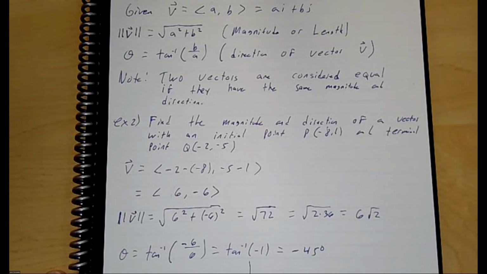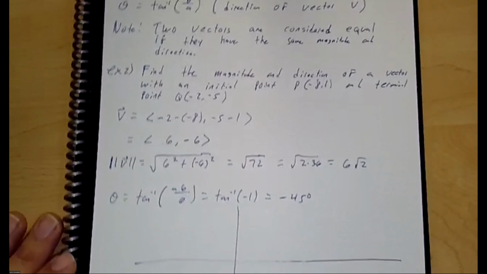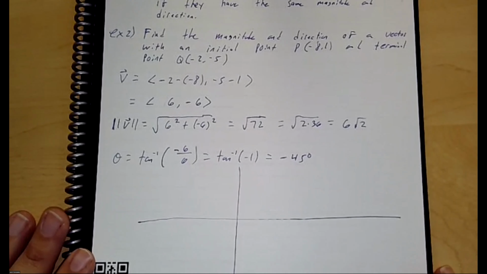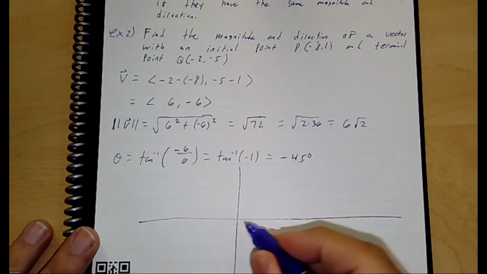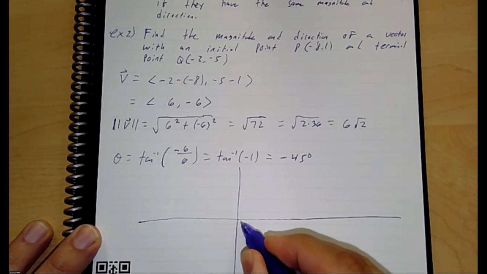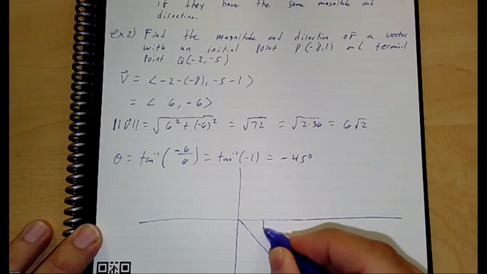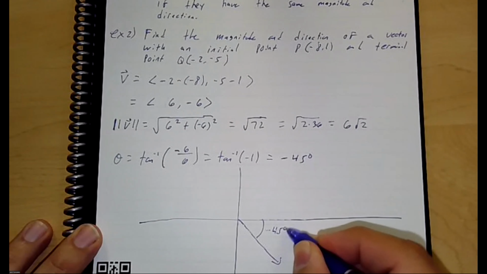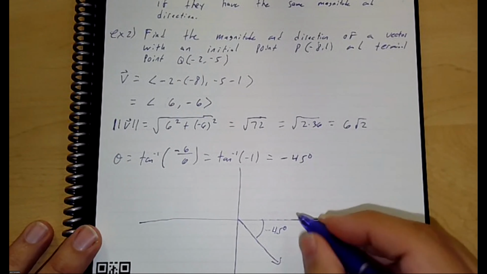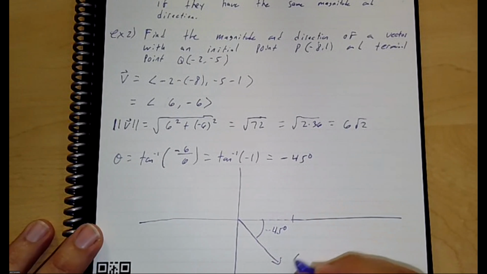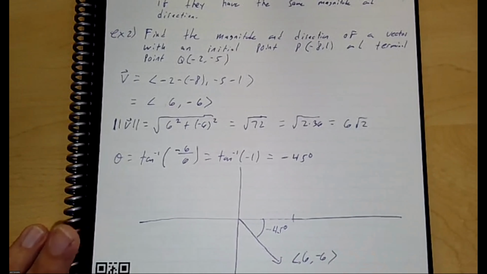Okay. If you think about it, you could just plot the point, but now that we know the direction, you know that it's down here, right? So we have some vector going this way, -45. This is the point, 6, -6.